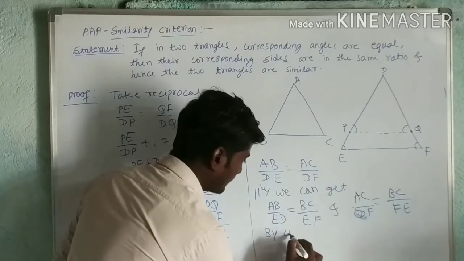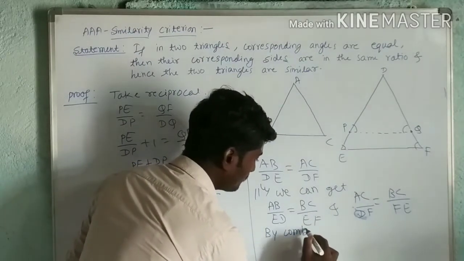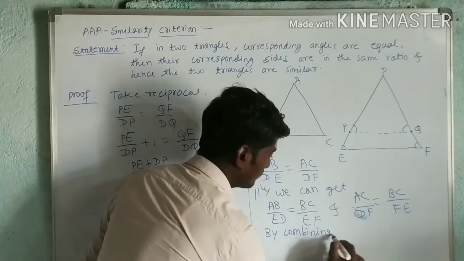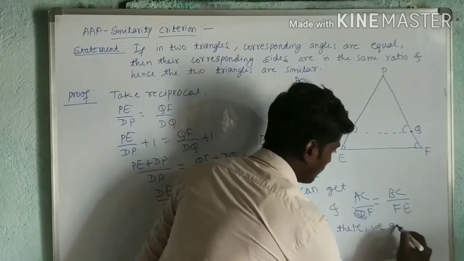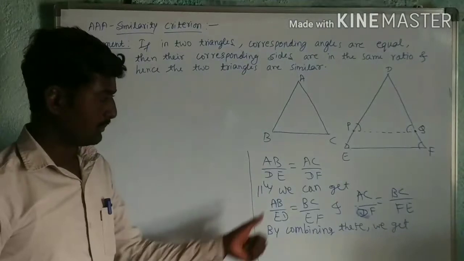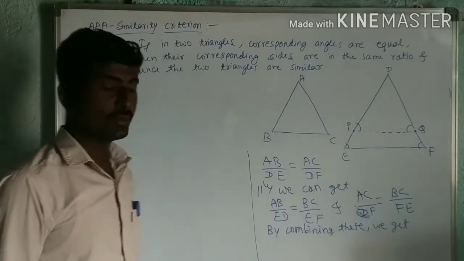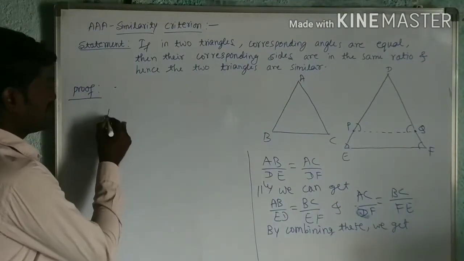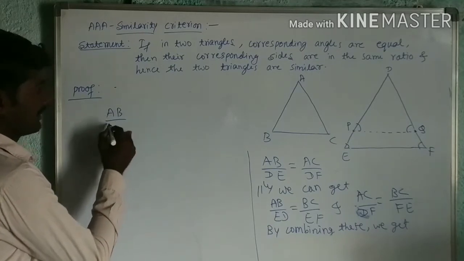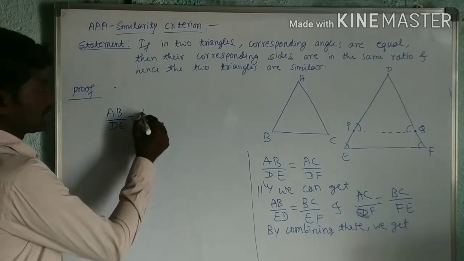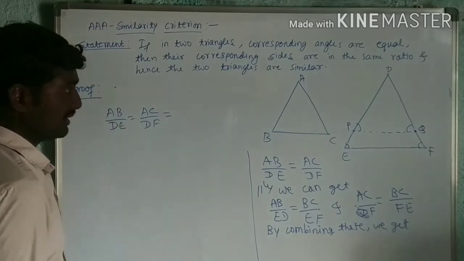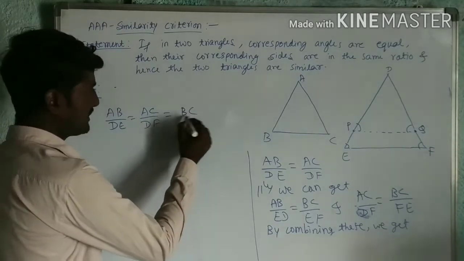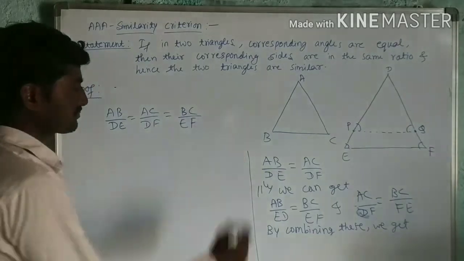By combining these three conditions, what can I write? AB divided by DE is equal to AC divided by DF is equal to BC divided by EF.